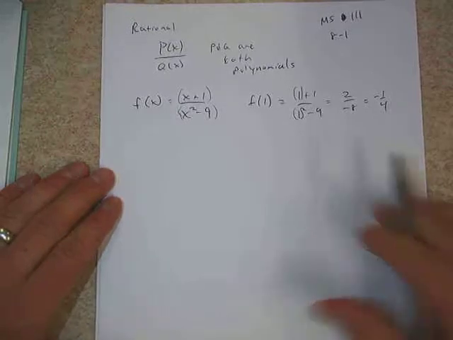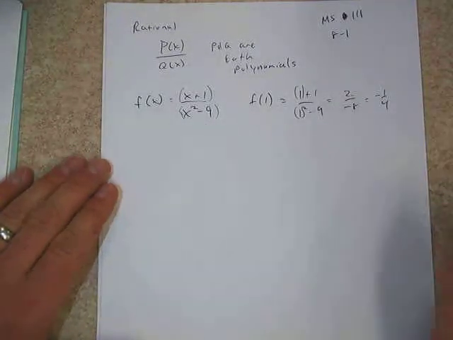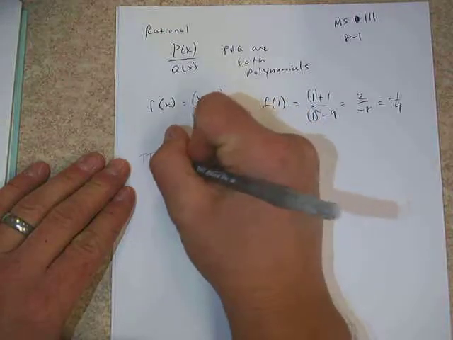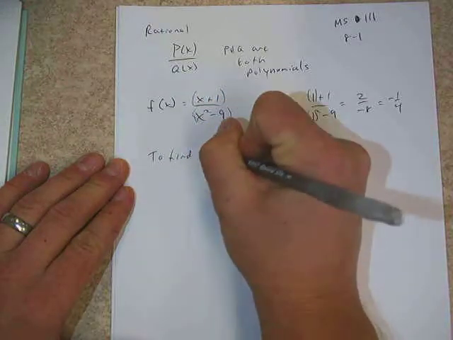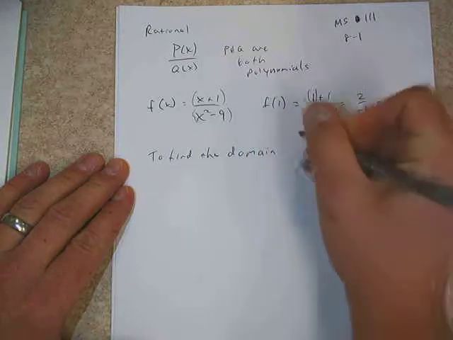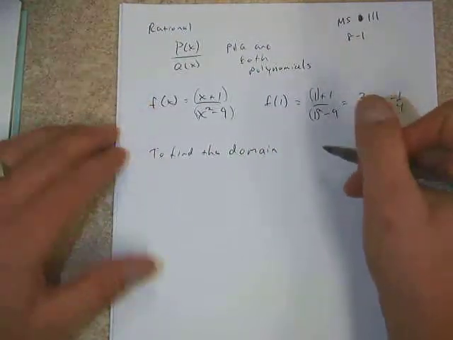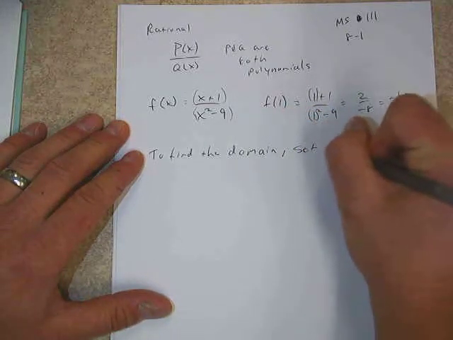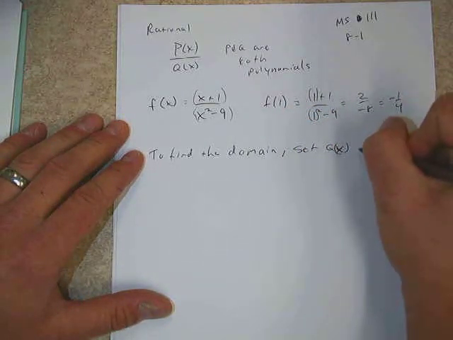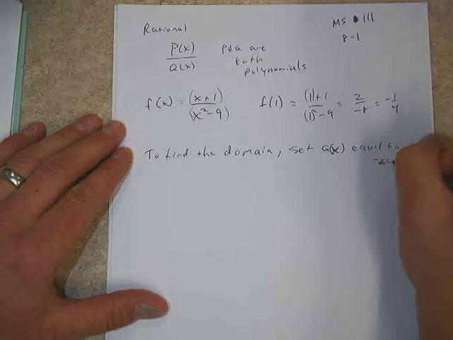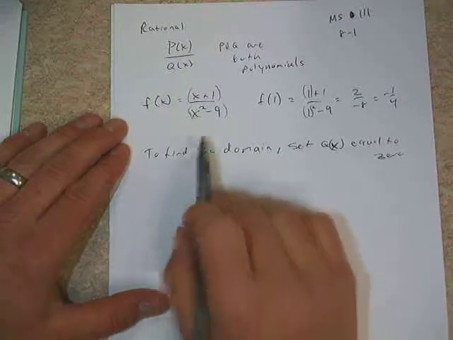Okay. So the next item is we need to figure out what is the domain of a rational function. And what it boils down to is to find the domain, we are going to set the bottom of the equation, the q of x part, equal to 0. So to find the domain, set q of x equal to 0.